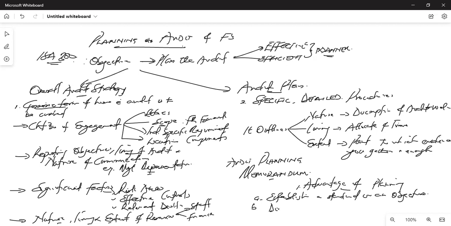So planning gives direction. It helps you to save time. That one is obvious. And planning actually becomes the standard for review. The standard for review. I like football a lot.